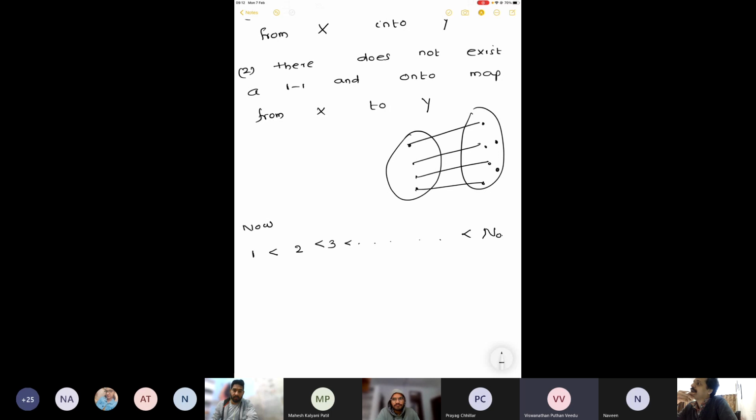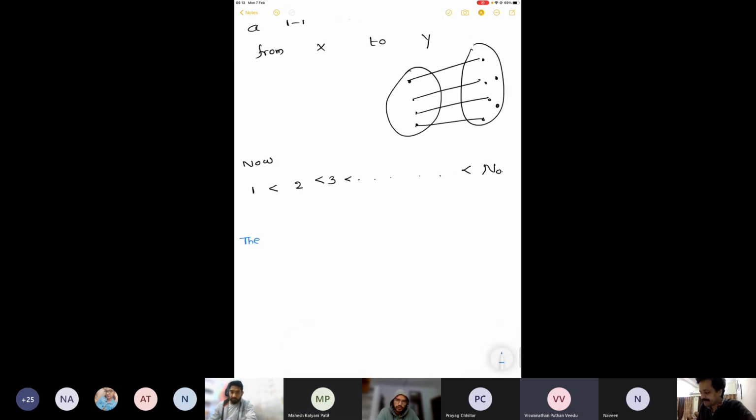Cardinality of N, cardinality of a countably infinite set. Now let us go to uncountable sets, for instance R or the closed interval 0, 1, whatever it is. And I think you know a simple symbol to denote the cardinality of uncountable sets. That is C, continuum.